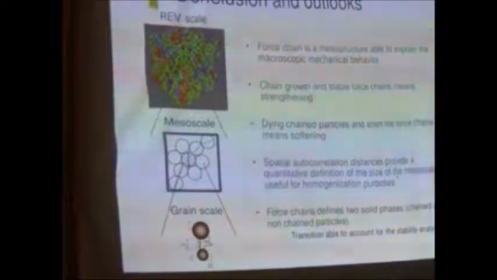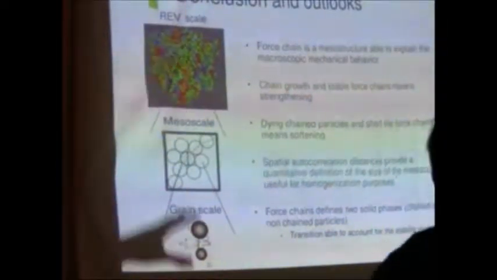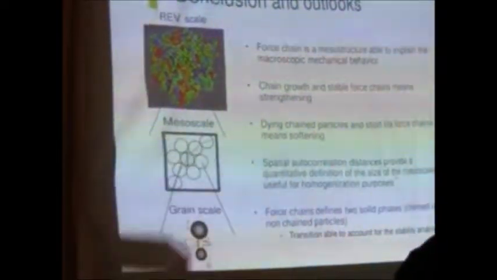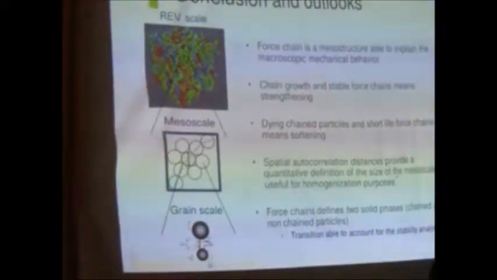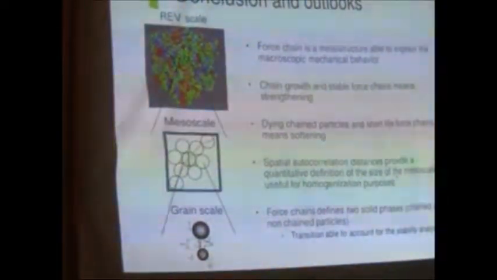So if you go from the REV scale to the grain scale, we introduce a mesoscale based on the force chain concept, which is a mesostructure that is able to account for the mechanical behavior of granular materials. Chain growth means strengthening of the material. The dying of chain particles and short-life chains means softening.